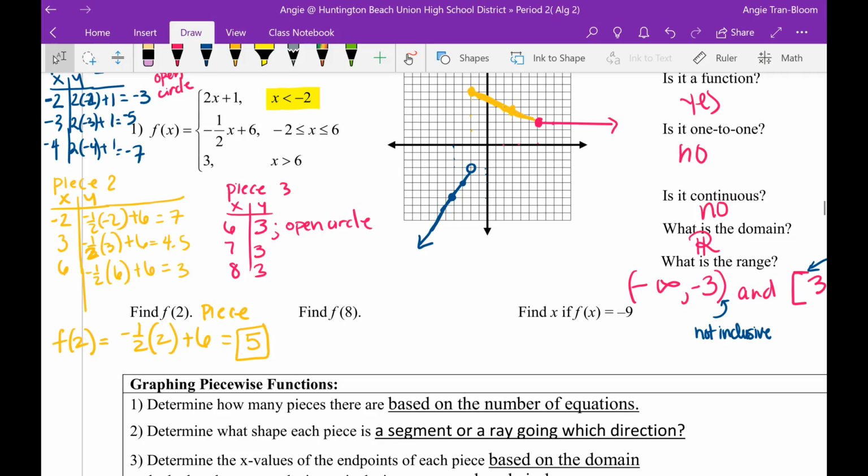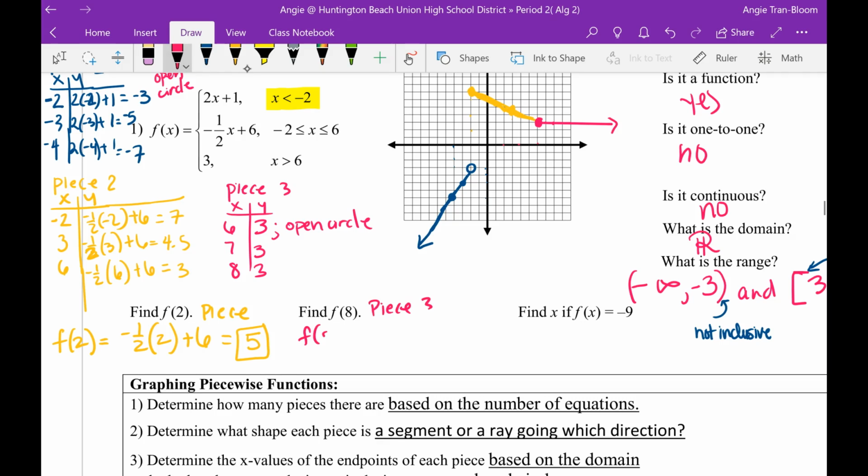So Kennedy, which of the 3 pieces are we going to use for f of 8? The third one? Do you guys agree? Yeah. Look, this one doesn't have 8. This one ends at 6. This one's greater than that. So that's definitely right. I'll write piece 3 on it.